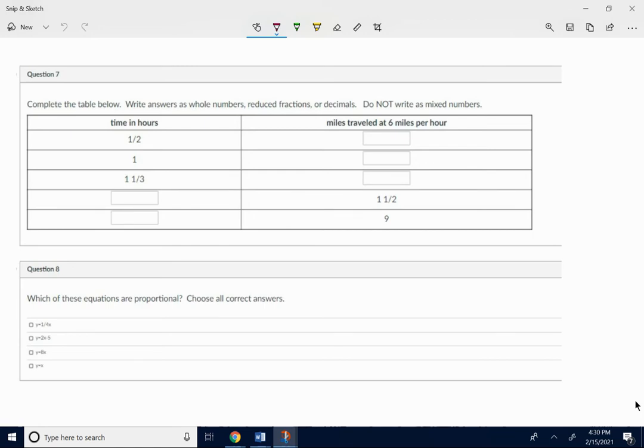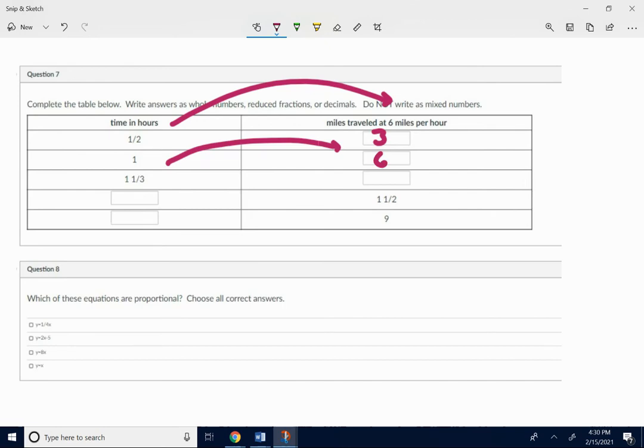Okay, if I'm going 6 miles every hour, that means in a half hour, I'm going to be only going 3 miles. Maybe you can do the first couple in your head. The second one, if I'm traveling for 1 hour, then I've only gone 6 miles if I'm going 6 miles every hour.